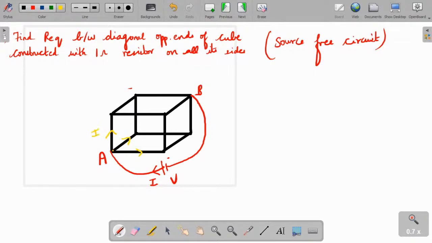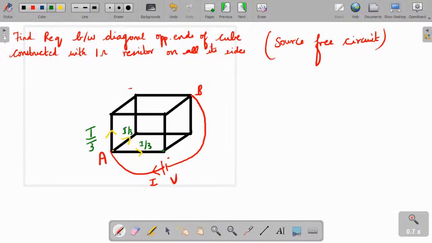This is I by 3. Is the color visible? Yes, so this will be I by 3, here the current will be I by 3 and this will be I by 3. Because the resistances are equal, the current will split up equally.